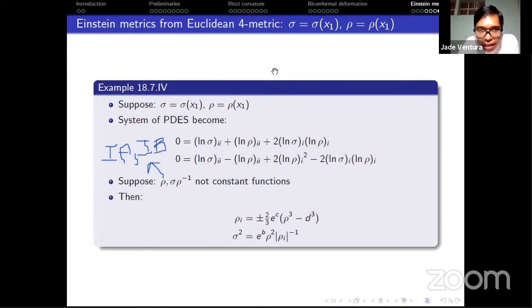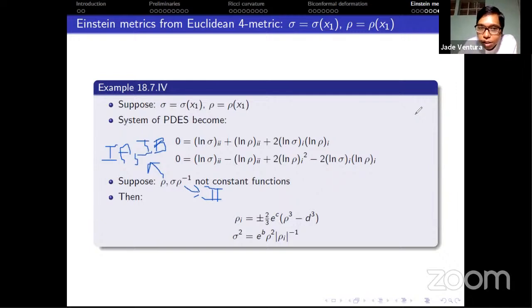If we suppose that rho is not a constant function, but sigma over rho is a constant function, we get possibility 2. So those are the first 3 items in the theorem.